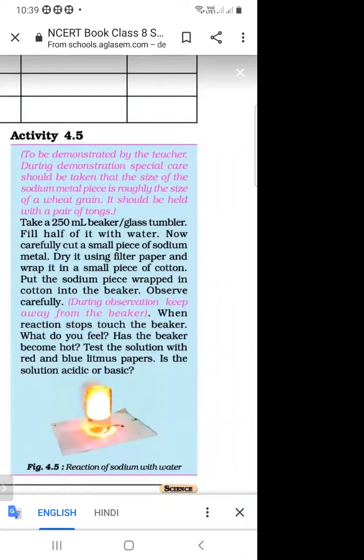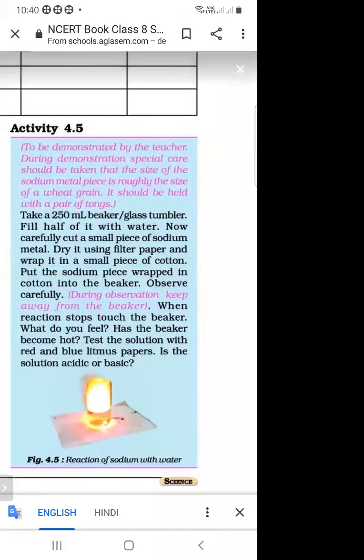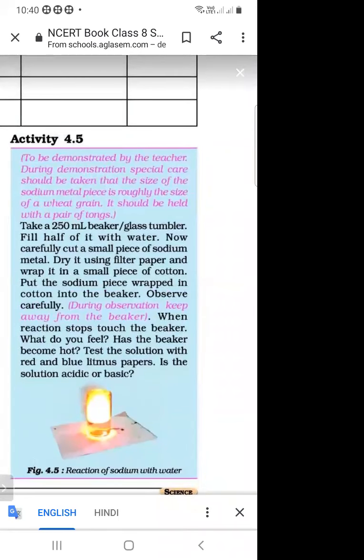What is formed? Na plus H2O gives NaOH after the reaction. NaOH is formed, and it is a very exothermic reaction. So our beaker becomes very hot in this reaction. So this reaction is an exothermic reaction.